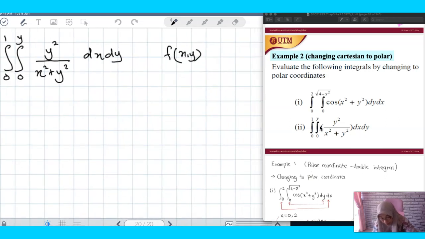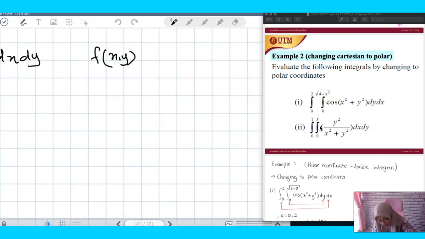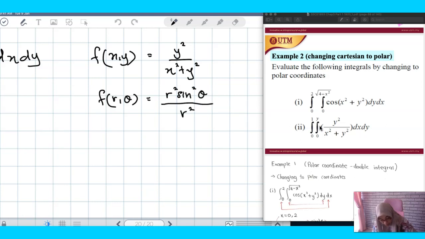We want to convert the integrand y squared over x squared plus y squared. The function in r theta is r squared sine squared theta over r squared, so we only have sine squared theta.